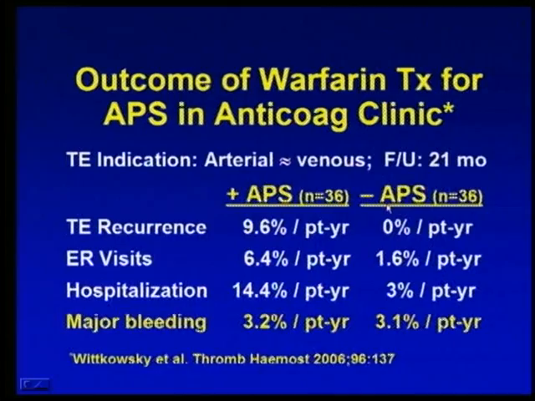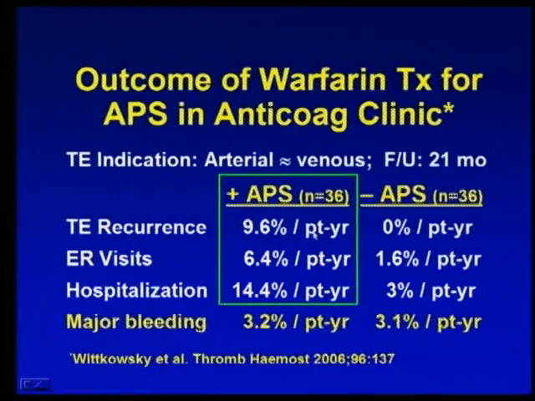And this has been driven home by actually data derived here at the university through the Anticoagulation Clinic and published by Ann Witkowski, where it was shown that patients with antiphospholipid syndrome who have ongoing adequate anticoagulation have about a 10% per year recurrence rate compared to patients, the control group, that had no antiphospholipid syndrome. Patients with antiphospholipid syndrome often have other complications that require hospitalization or ER visits. Bleeding rate, happily, is still low with carefully regulated anticoagulation.